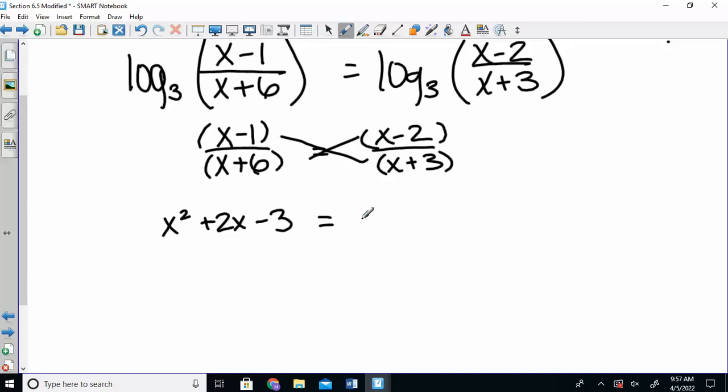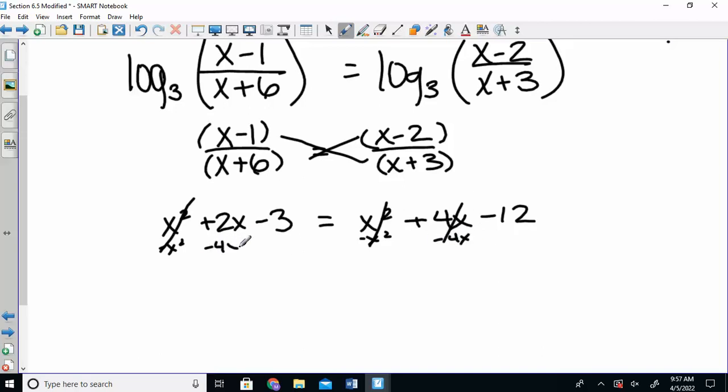And FOIL these two, we get x squared minus 2x and plus 6x, plus 4x minus 12. Now what? Subtract over my x squared, it cancels.